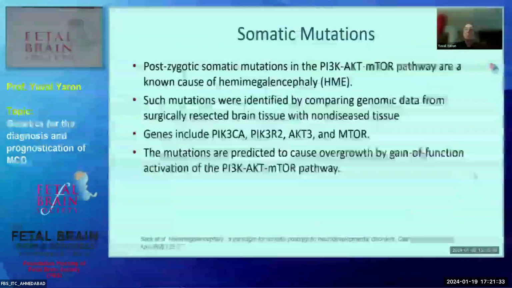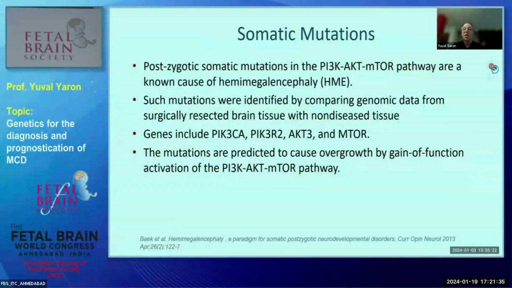So somatic mutations such as this are a known cause of hemimegalencephaly, and such mutations could be identified only with the brain sample, and such mutations are predicted to cause overgrowth.